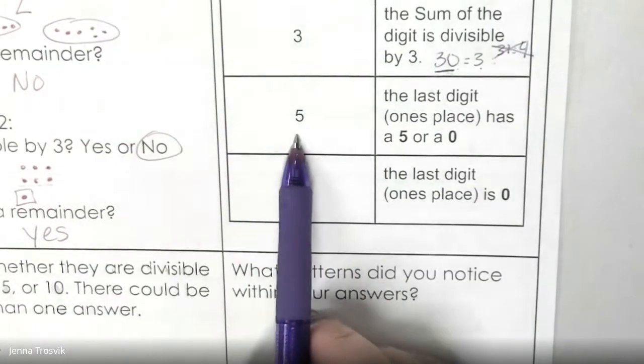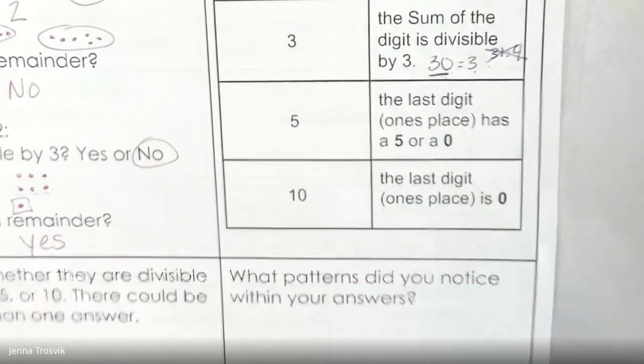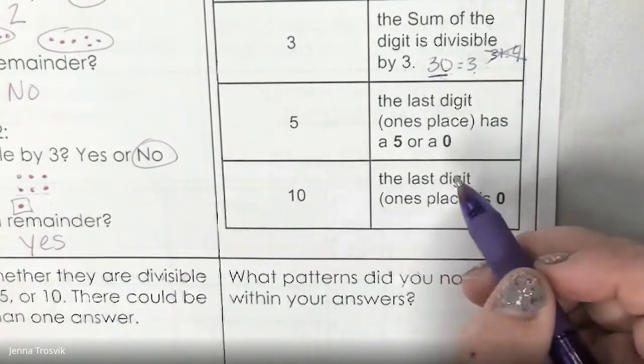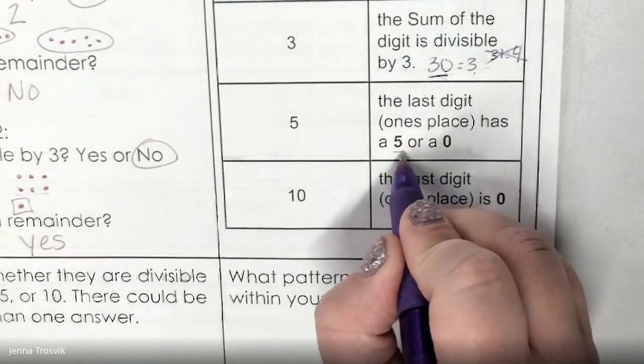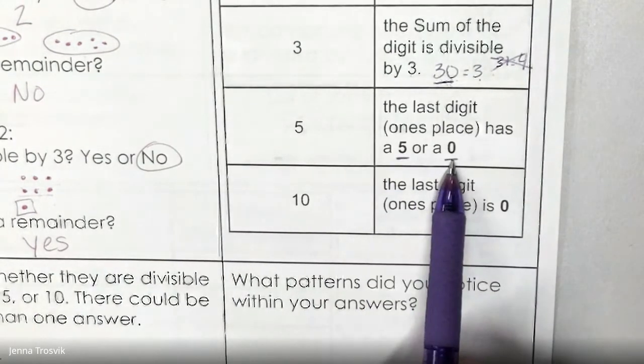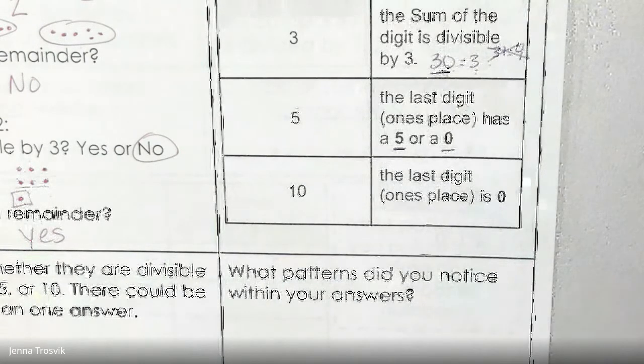Number 5, if I have a number that is divisible by 5, this one's one of the easiest ones, but it's one that I find most kids make mistakes with or don't know this. And if a number is divisible by 5, there has to be either a 5 or a 0 in the ones place. If you look at a multiplication chart, you will see that all numbers that are divisible by 5 end with a 0 or a 5.